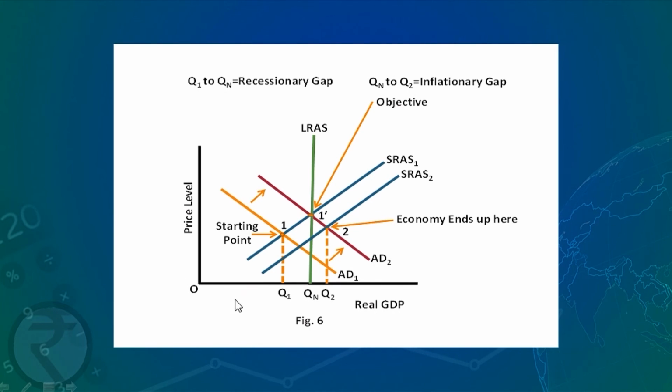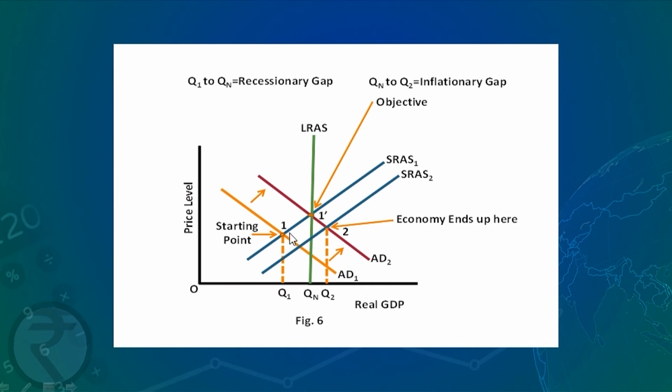In figure 6, we have shown real GDP on the x axis, price level on the y axis. The original aggregate demand curve is AD1 and the short run aggregate supply curve is SRAS1 and the economy is in equilibrium at point 1. This is the starting point and equilibrium GDP is OQ1.